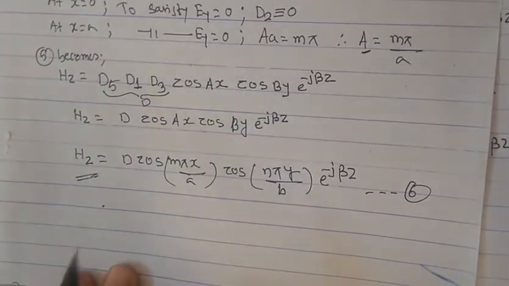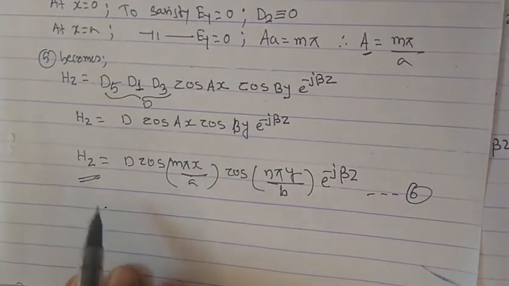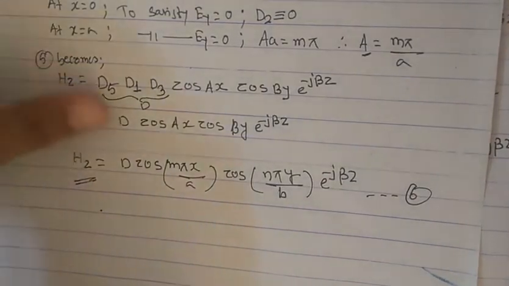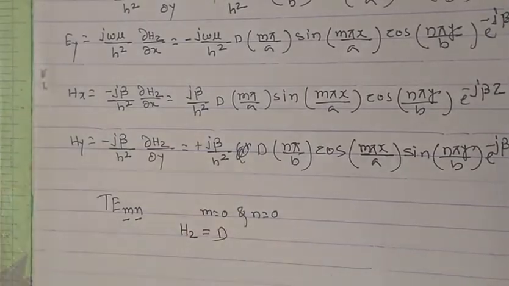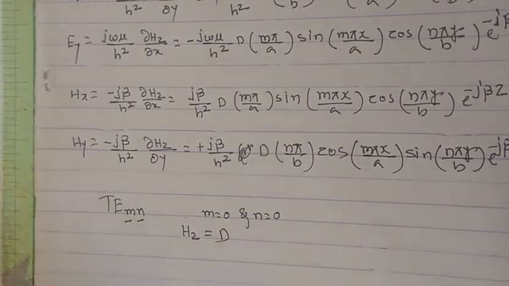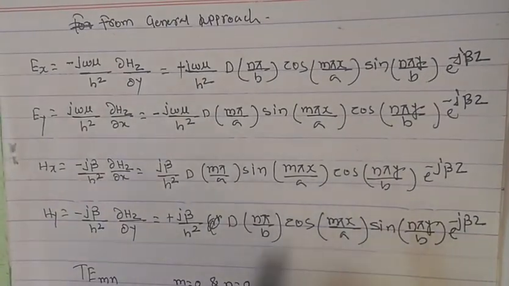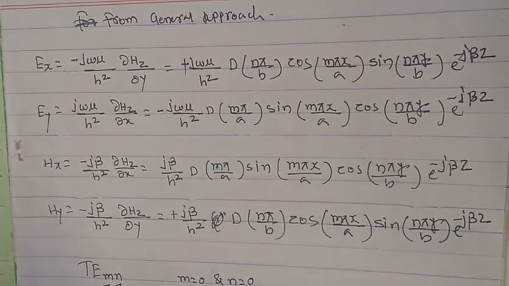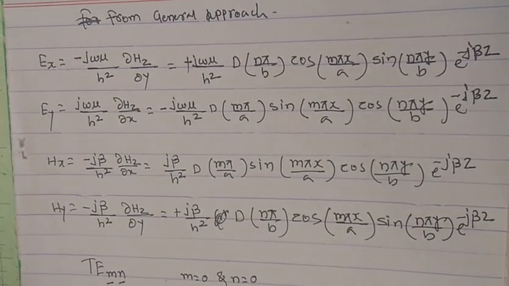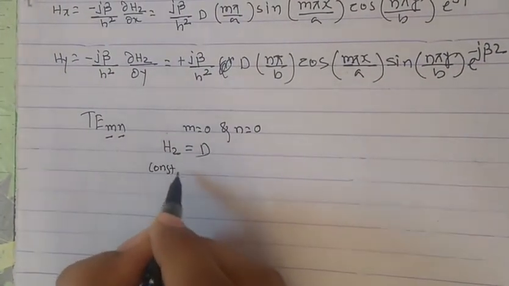If you put m equal to 0, n equal to 0, Hz will be some constant. But if you put this Hz into the general solutions and its derivative, because this is a space derivative, it will be 0. So the constant must be 0.